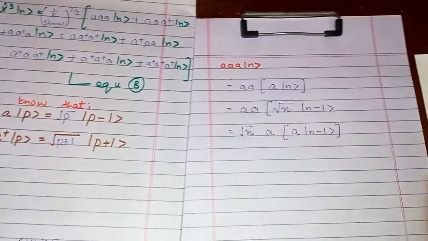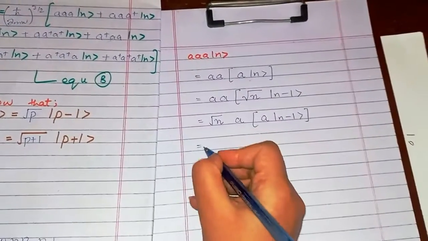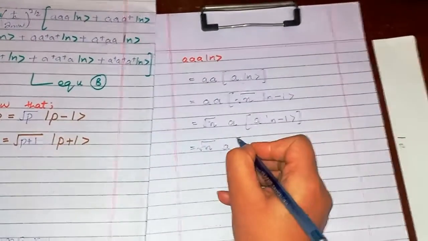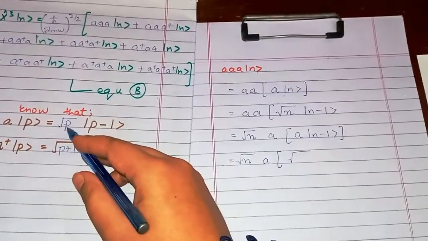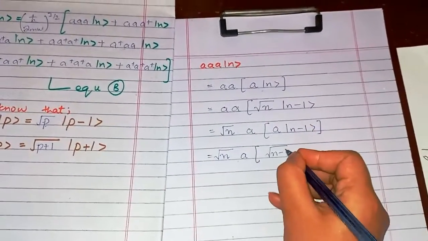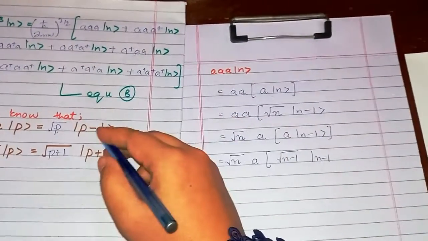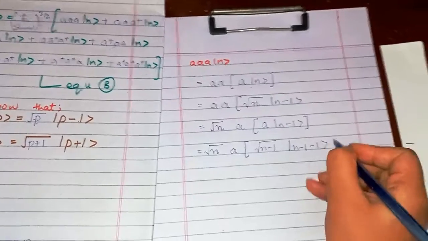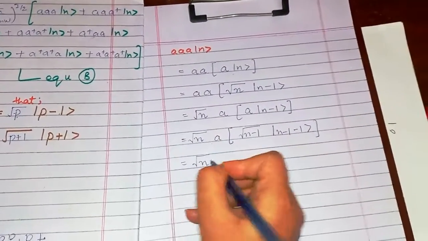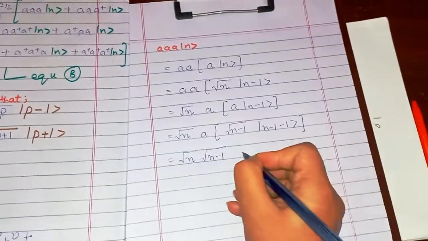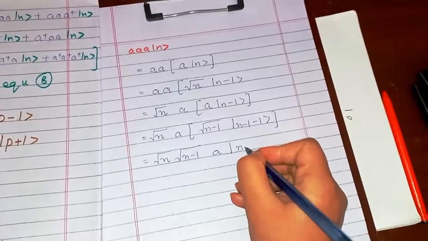So it's square root of n a, and here under the root, instead of p you'll write n minus 1, then in this ket, instead of p you'll write n minus 1, and this minus 1 was already there. This square root of n minus 1 is a constant, so we can write it outside. A, n minus 1 minus 1, which is n minus 2.